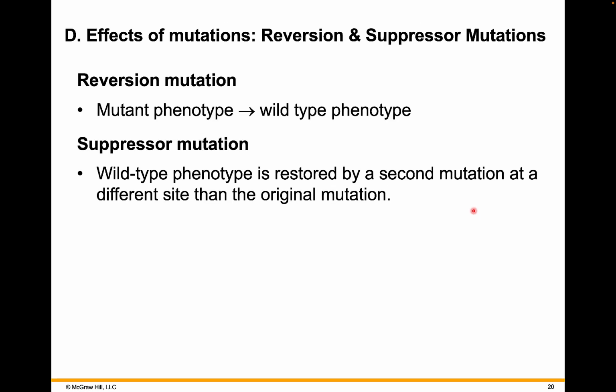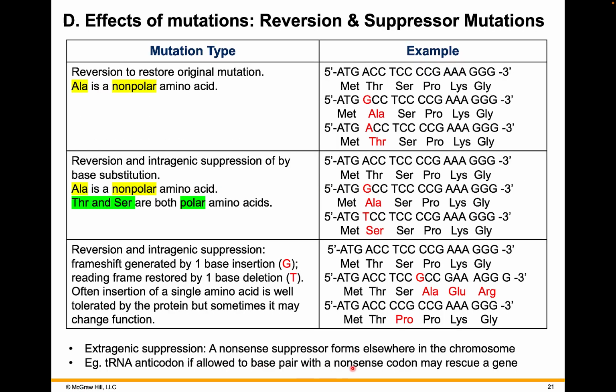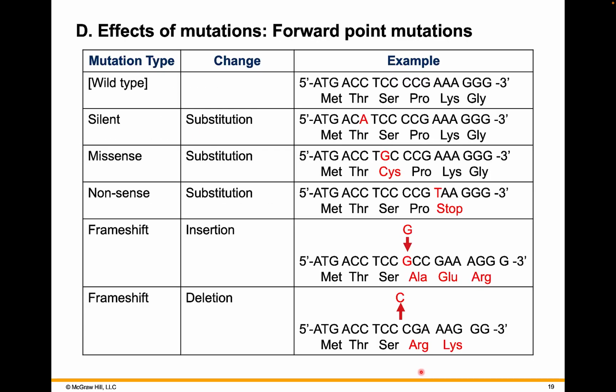Now what happened is that we have a problem with a tRNA whose anticodon now base pairs with a nonsense codon. So now this tRNA puts a lysine in that place, where the TAA is.